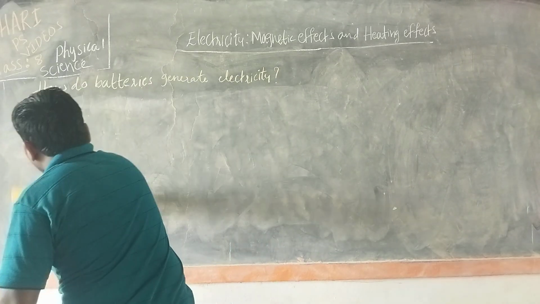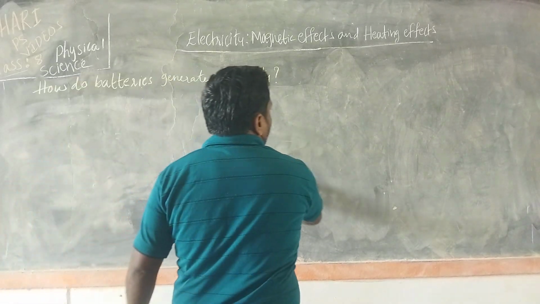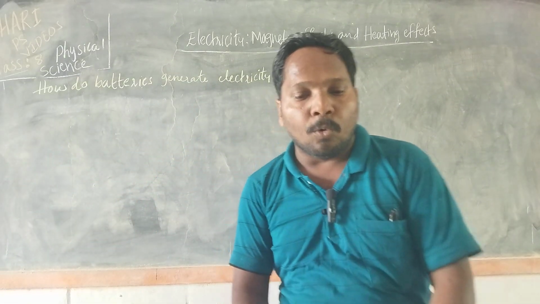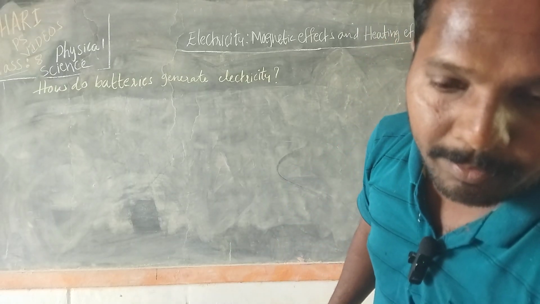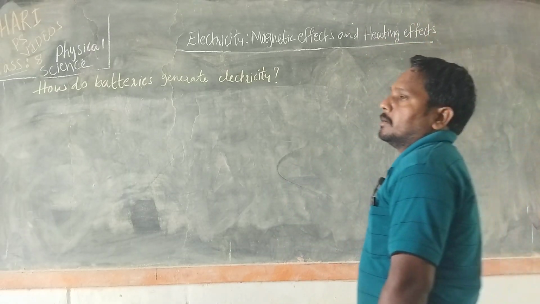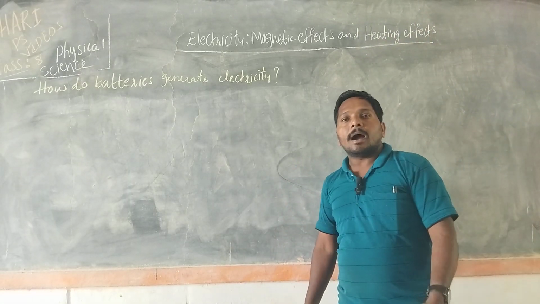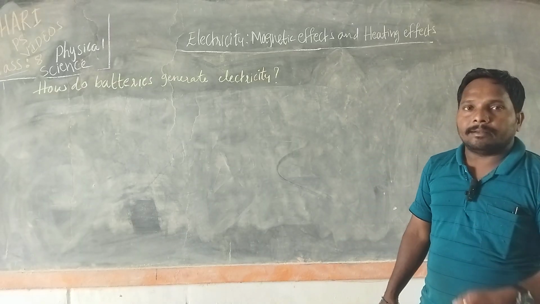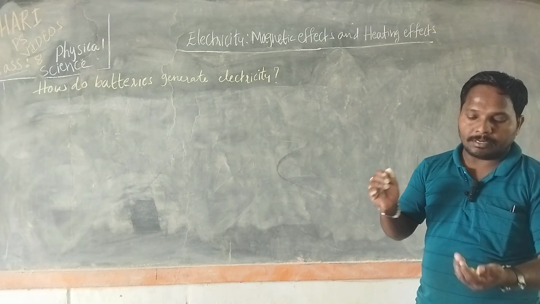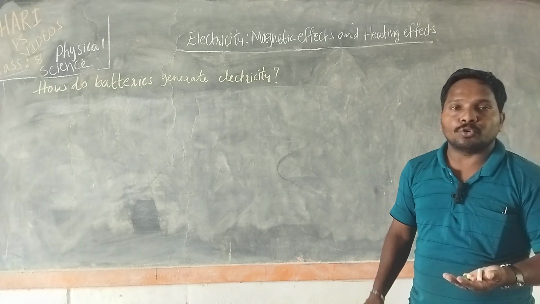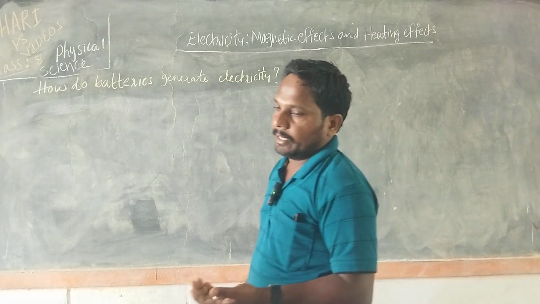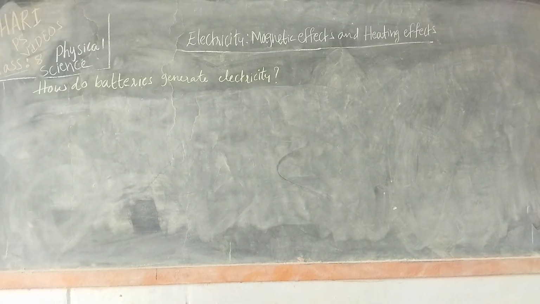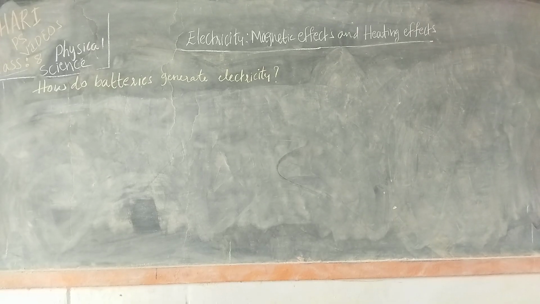But after Louis Galvani, Alessandro Volta conducted experiments with some metal wires and some kinds of solutions. He generated electricity and he invented the first cell.